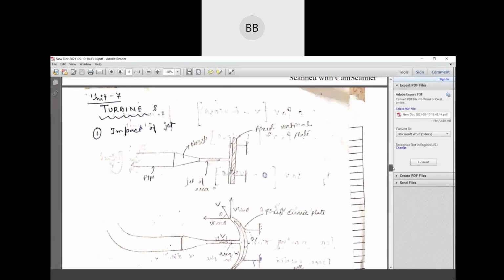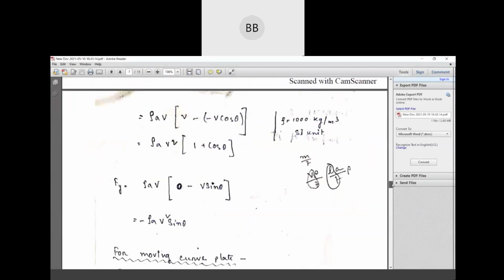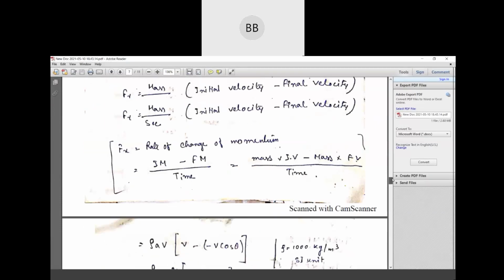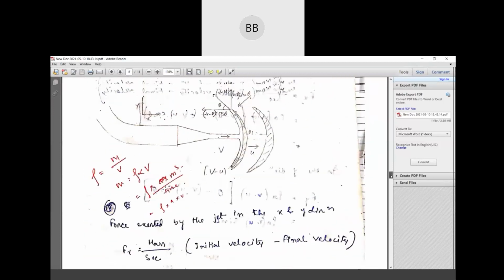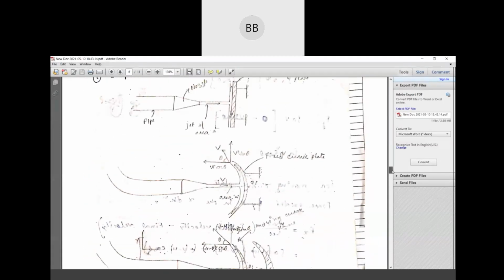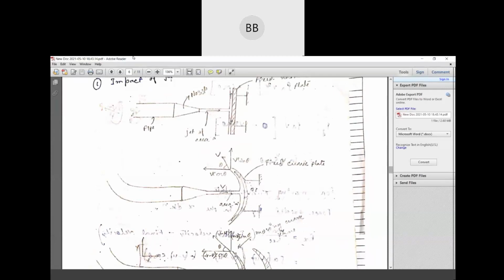As we are calculating for F of x, our initial velocity is in x direction. What is the velocity that we consider as v? In the first case, we consider initial velocity is v, before strike, and it is in x direction. It's flowing in this direction, so it is in x direction.